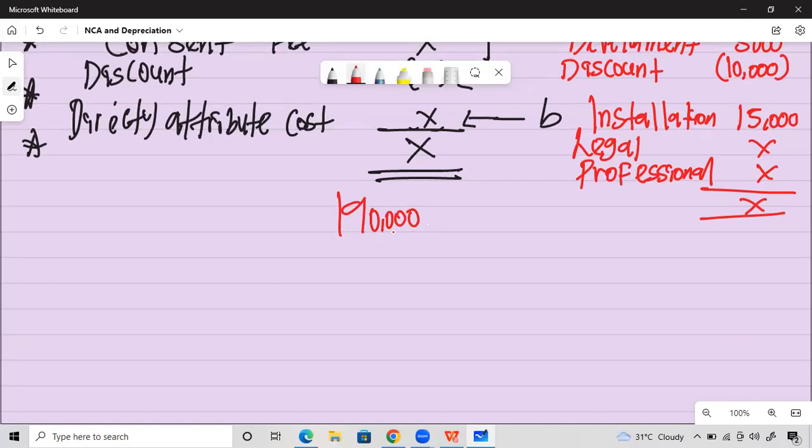Although this is what you pay the vendor, you are also going to add any other cost that you incur as a result of buying this particular AC.